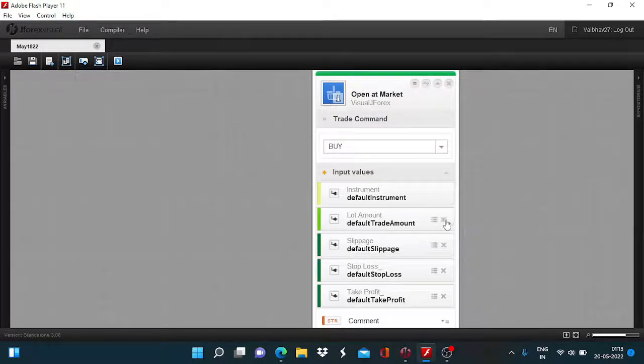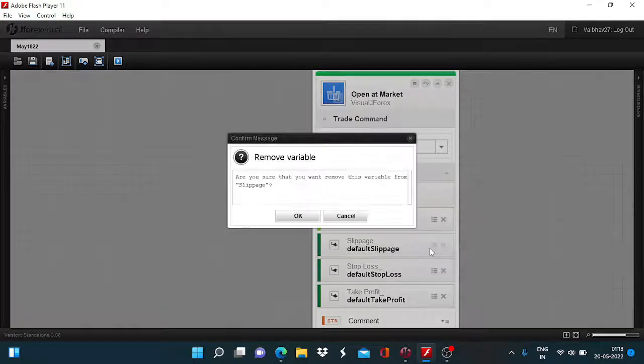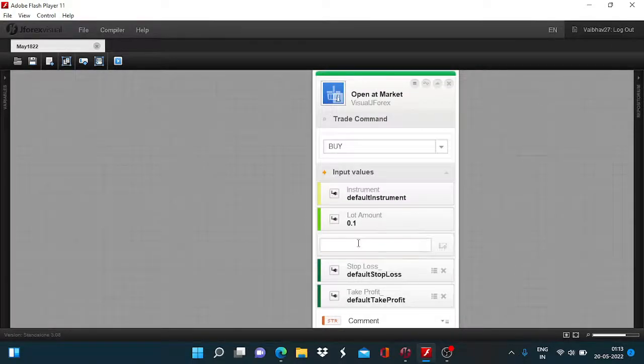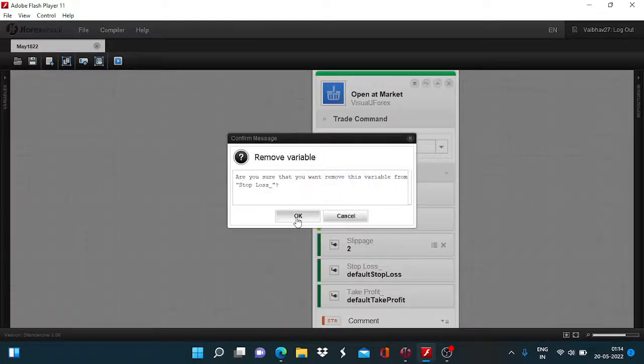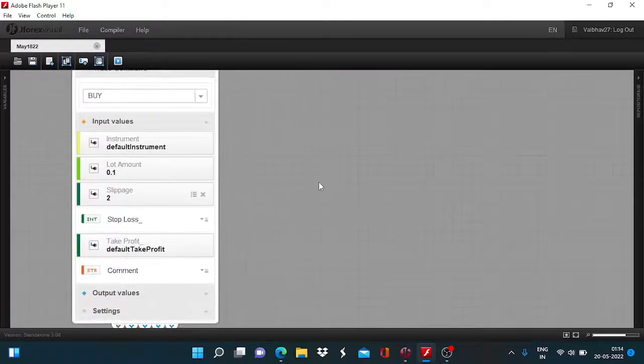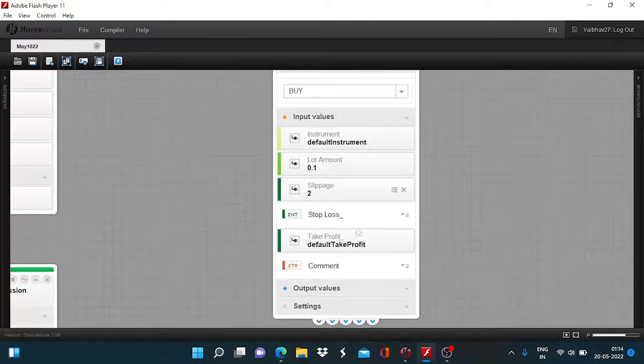So here I will change the lot amount to 0.1 million. The slippage is going to be 2 pips. Stop loss, we will go with a fixed formation this time around with the risk reward ratio of 2 is to 3.